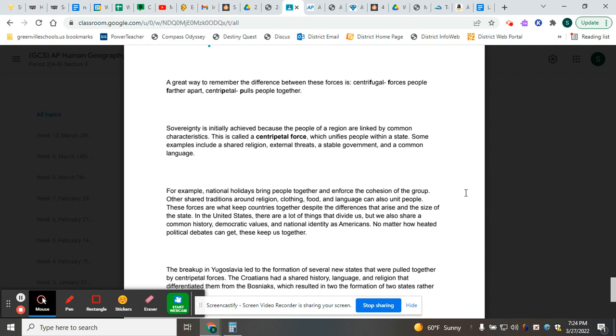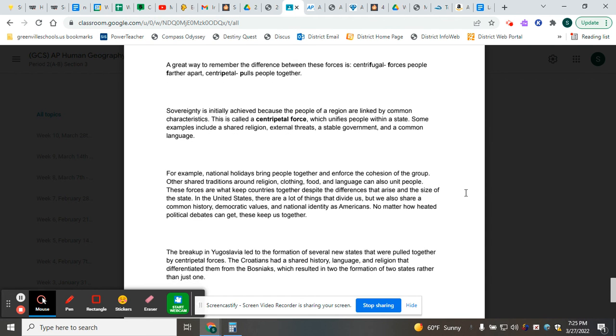It also helps if your country is small and homogenous. That means the people are the same ethnic group, the same religion, and they all speak the same language. If they all have those same common cultural traits, then that country doesn't really run the risk of falling apart.